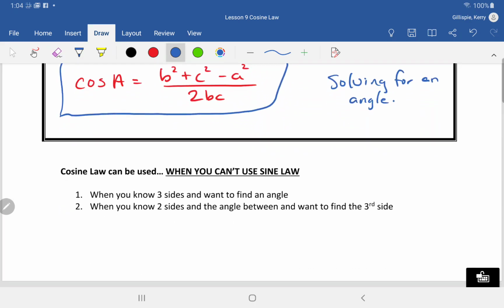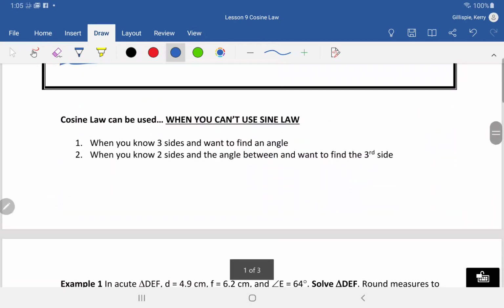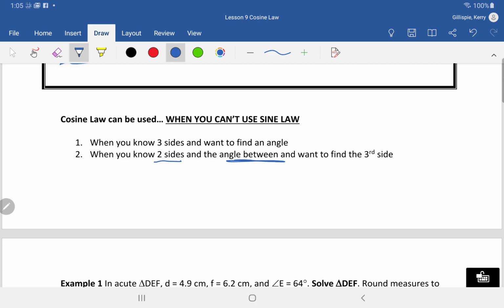All right, so once again, cosine law can be used whenever you can't use sine law. And it's used when you know 3 sides and want to find an angle. That was actually this picture. We know all 3 sides here, and we don't know any angles. And then the second scenario is used when you know 2 sides and the angle between, and you want to find the third side.